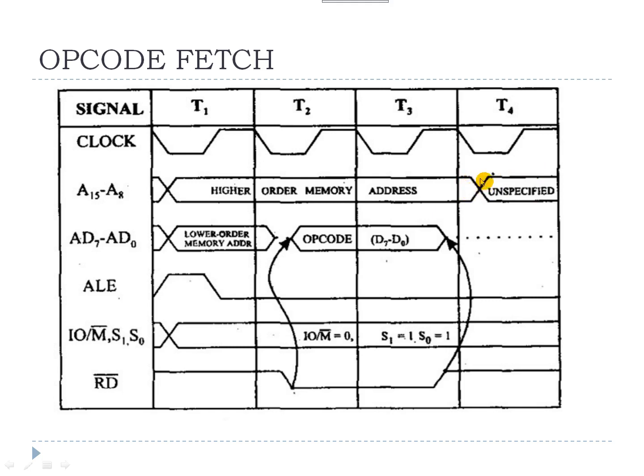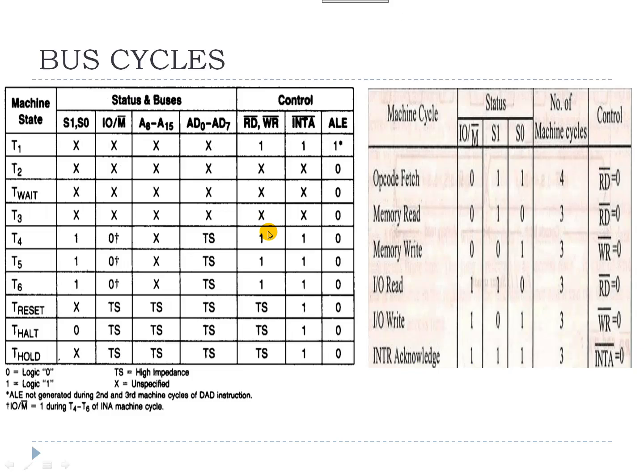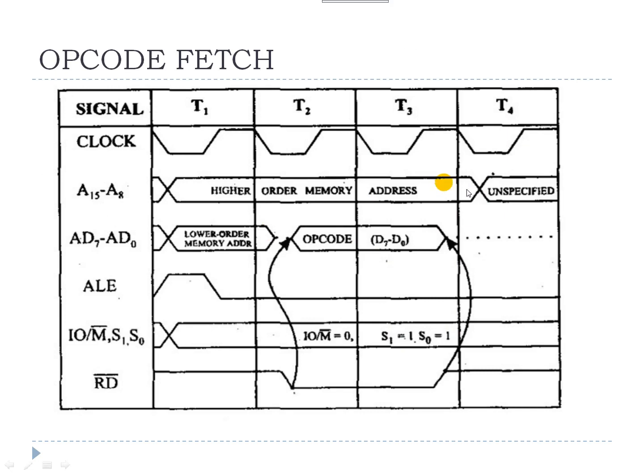Here you may notice that some gap is supplied in this T4 cycle. Why are you supplying this? Because you will be having some delaying operation, and you need to give that delaying operation in the timing diagram. That's why we have drawn it like this.